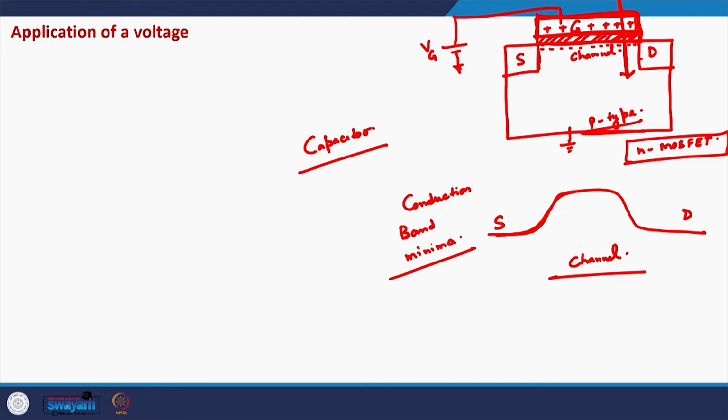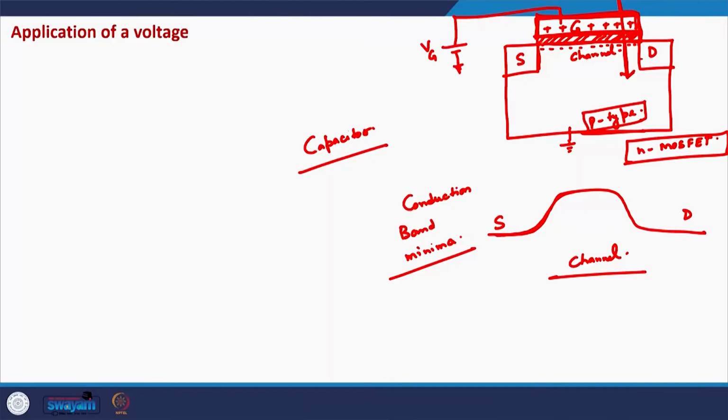Because of the positive voltage, initially there is a depletion of holes in this P-type substrate, and then there is an inversion layer in which a large number of electrons are available very close to the interface, and that inversion layer is known as the channel in the MOSFET, and that acts like the opposite plate of this capacitor. Okay.